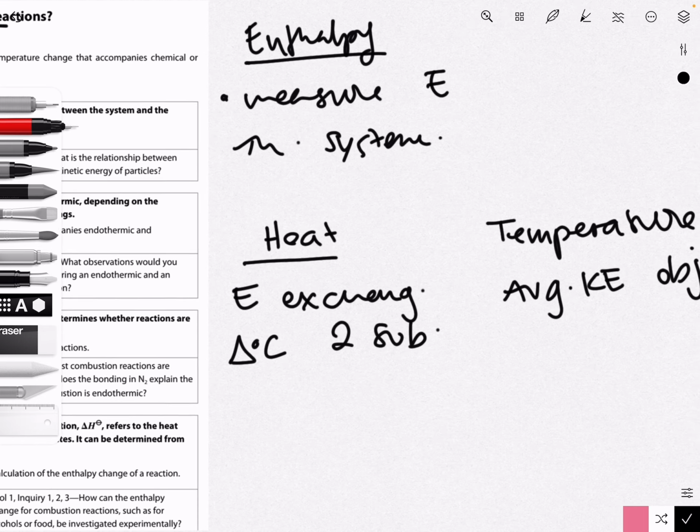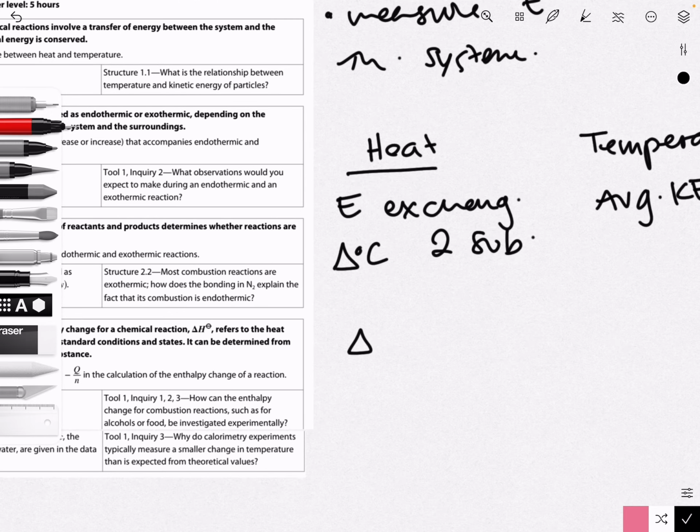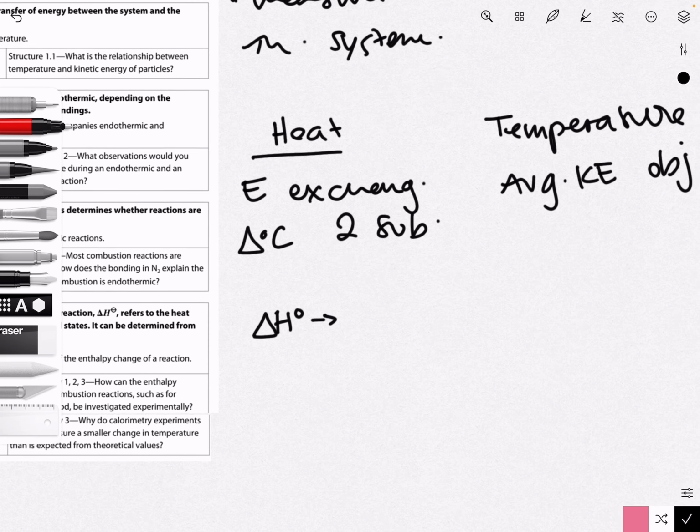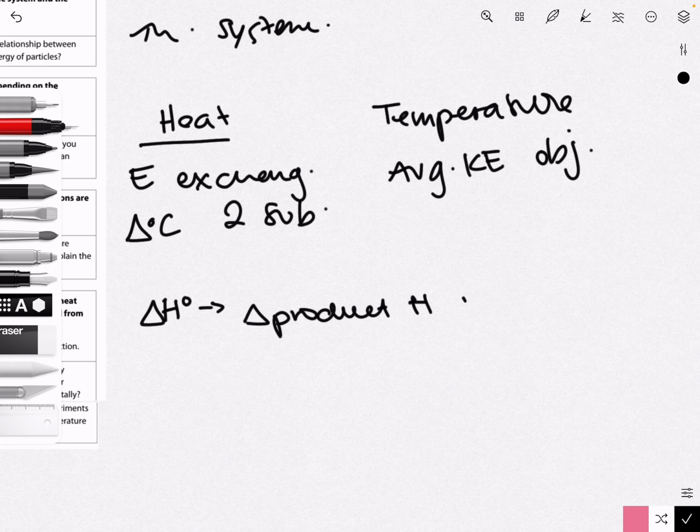To calculate a change in enthalpy, getting a bit ahead of ourselves, but it comes on nicely with this, you will have to add the change in the product enthalpy to that of the reactants.